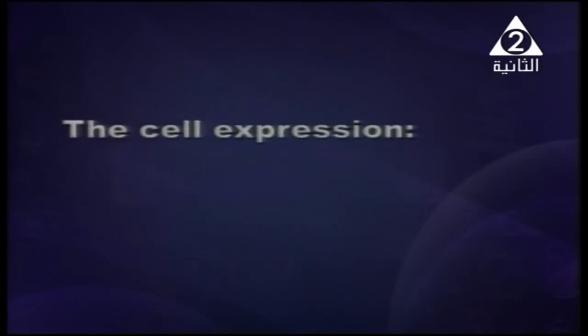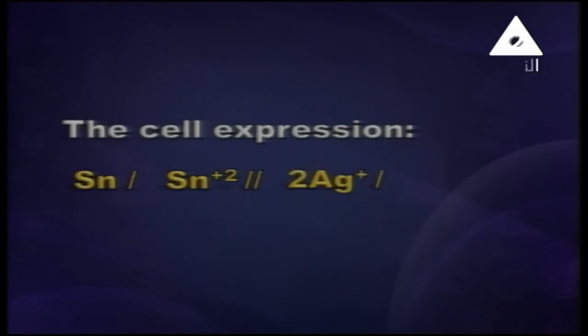The cell expression of this cell is Sn single bar Sn positive 2 double bar 2Ag positive single bar 2Ag. He gave you Sn positive 2 single bar Sn and you change it. Why? Because tin is the anode and the oxidation takes place at the anode. Sn changes into Sn positive 2.